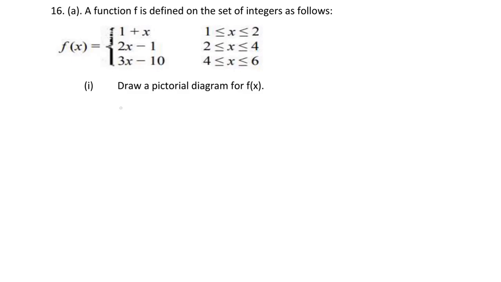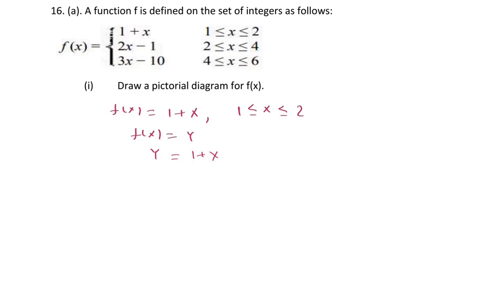Okay, so we are going to start by finding points from each line. So we have function of x equals 1 plus x, with the values of x as 1 less or equal to x less or equal to 2. Okay, so we are going to let function of x equal y. Then our function is going to be y equals 1 plus x.